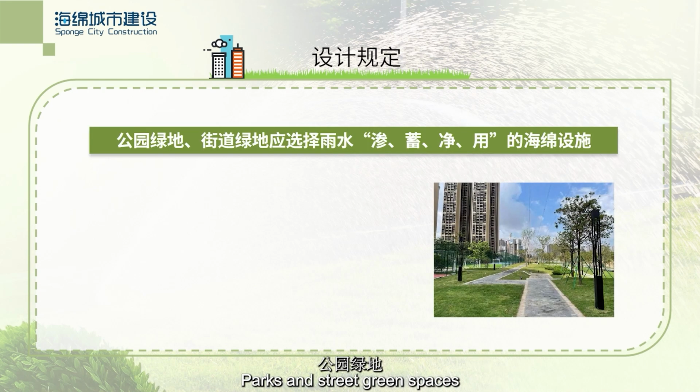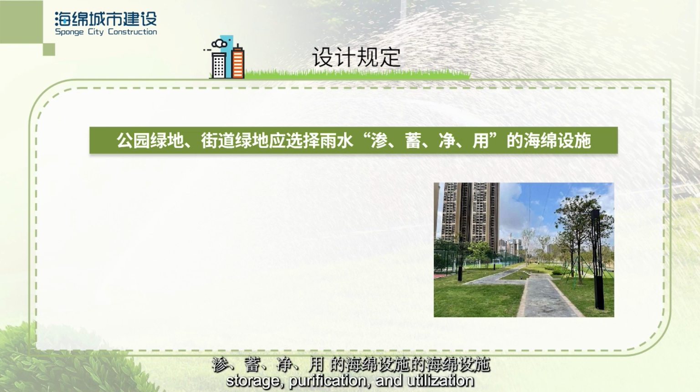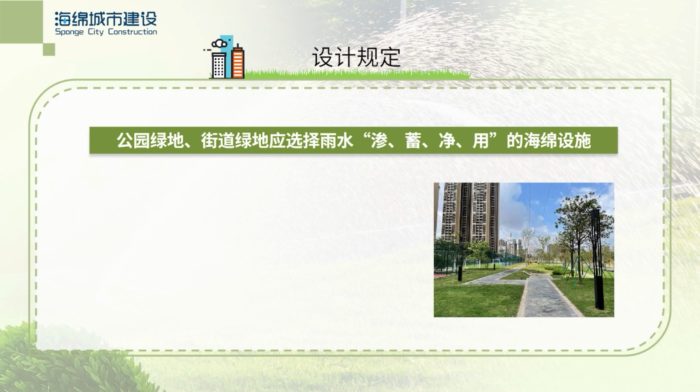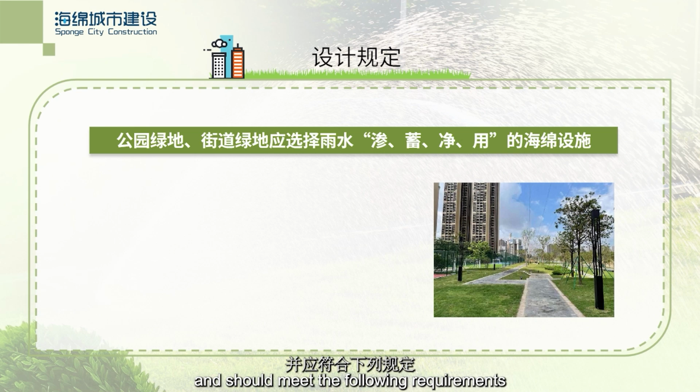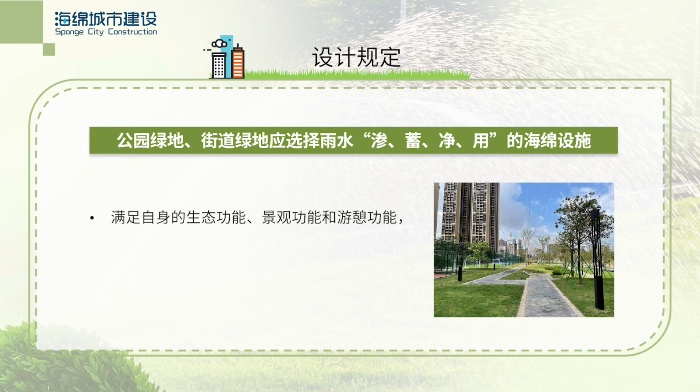Parks and street green spaces should adopt sponge facilities for rainwater infiltration, storage, purification, and utilization, and should meet the following requirements. The design should first meet the ecological, landscape, and recreational functions.